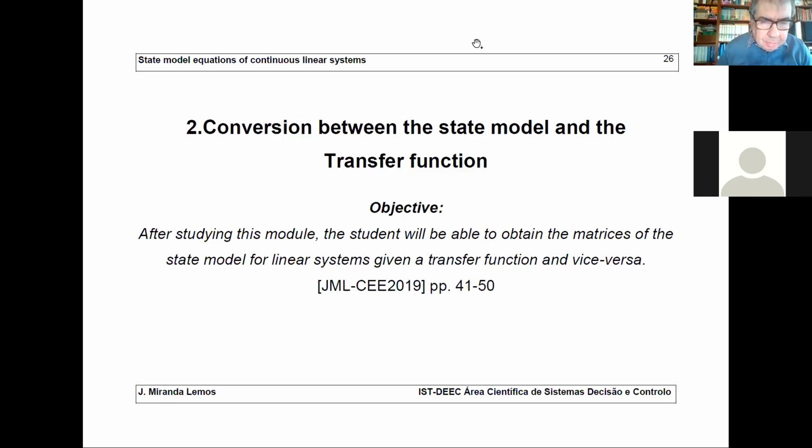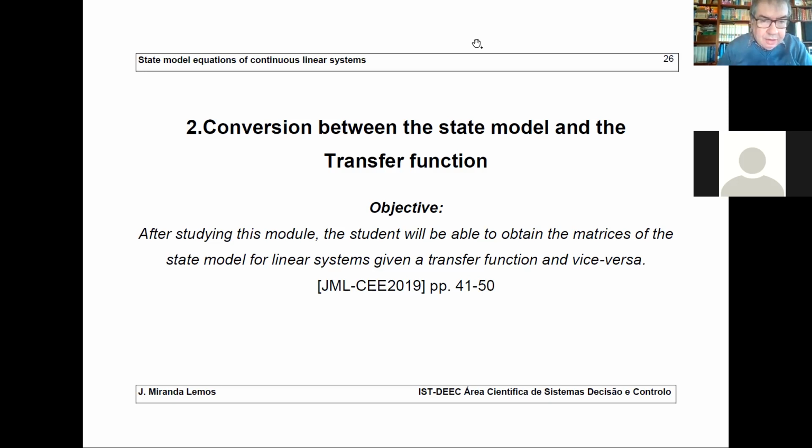So in the previous lecture, we have introduced a linear state model. And you know already one model, which is the transfer function. Maybe one meaningful problem is: what is the relation between both models?